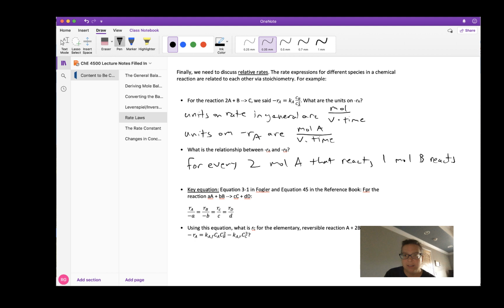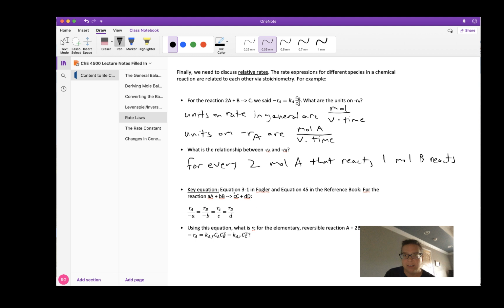So if I wanted to convert this rate expression for A into a rate expression for B, I could use this stoichiometry to do that conversion.